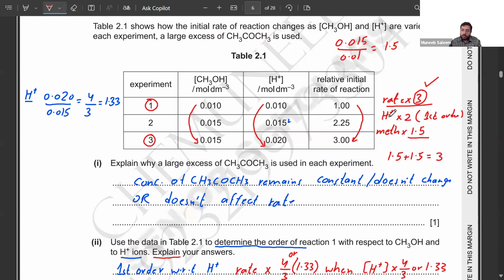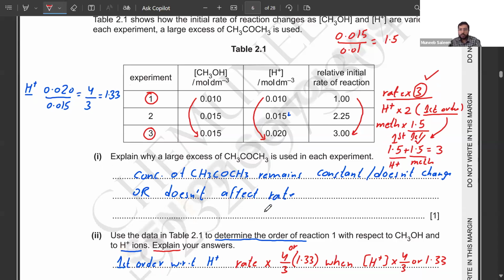And in fact, the order with respect to hydrogen was first order. So I can consider that the overall 3 value was also obtained when the rate of the reaction with respect to hydrogen was first order, but the factor is 1.5, which means it is associated with the first order. So from here, I can say that both of the reactants have provided the first order. It has first order, it has first order. The first order could be for hydrogen ion and this will be for methanol. So both are providing first order with respect to the rate of the reaction.